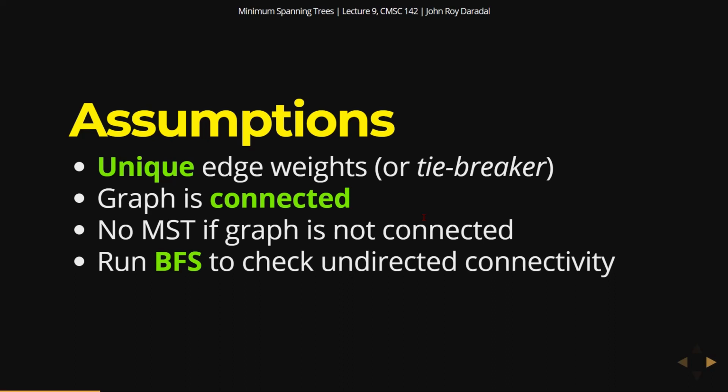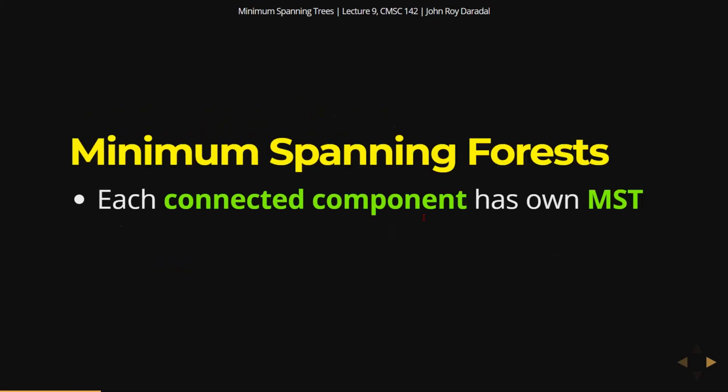Okay, so remember that if you just want undirected connectivity, assuming that our graph is undirected, you can just run the breadth first search, BFS, to check if the graph is indeed connected, right? So you could do that as a pre-check to make sure that everything is connected. If the graph is not connected, then we cannot create a minimum spanning tree, but instead we could create something called the minimum spanning forest. Okay, so MSF.